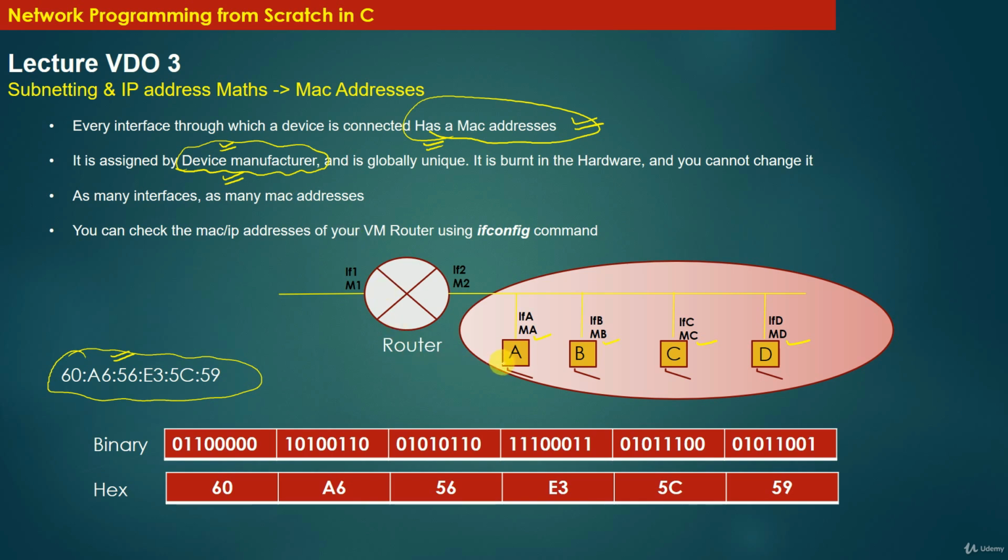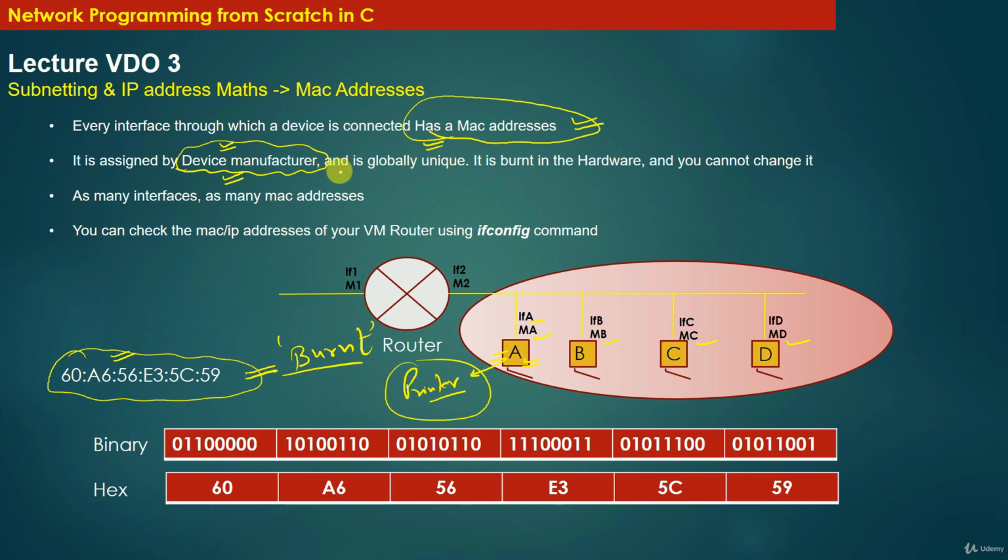Suppose device A is a printer and this printer has an interface, interface A. The company manufacturing this printer can assign a MAC address, let's say this one, to printer A, and this MAC address is burnt. Note the word: it is burnt inside the hardware and you cannot change it for the entire lifetime of the device.